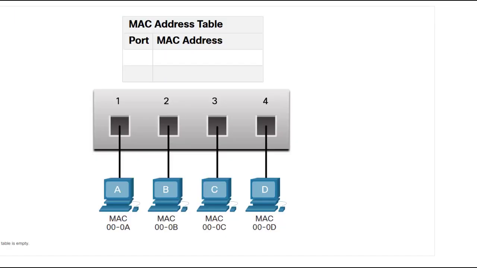In the figure, hosts A through D are connected to a Layer 2 Ethernet switch, which has just been powered up. Therefore, its internal MAC address table is empty because the switch hasn't yet learned the MAC addresses of the 4 attached PCs yet. For demonstration purposes, the MAC addresses have been shortened from 12 to 4 hexadecimal characters.